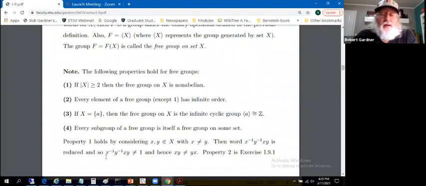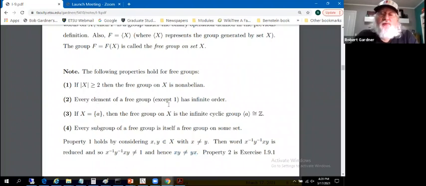Multiply on the left here by x and then y. Same thing over here, the inequality will be preserved. And we get xy doesn't equal yx. Well, there's a non-commutativity. These were arbitrary different symbols, so we don't have commutativity in any of these free groups on 2 or more generators.